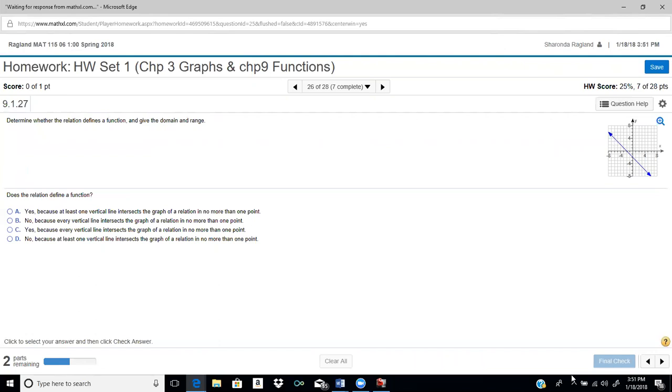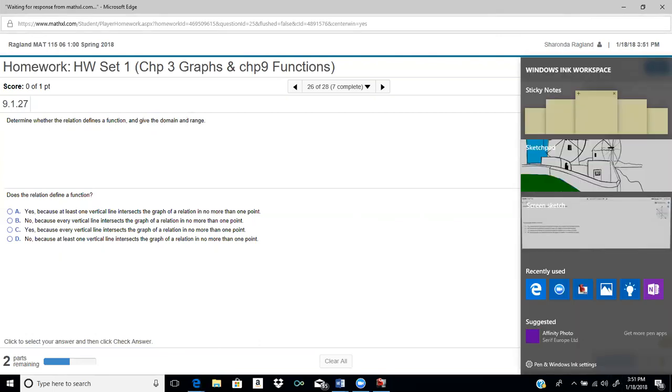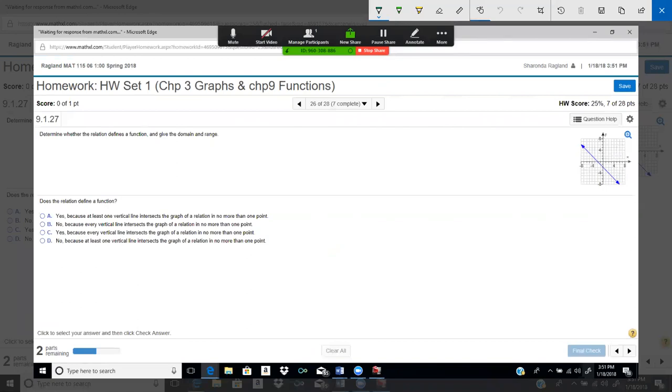Now here, there is another way to determine whether a relation is a function, if you have a graph. If I have a graph, there is another test, called the vertical line test.